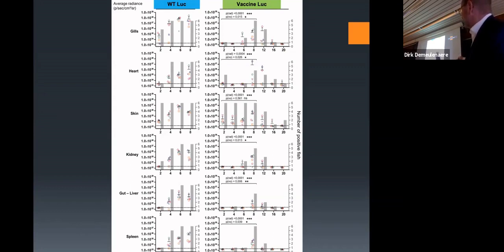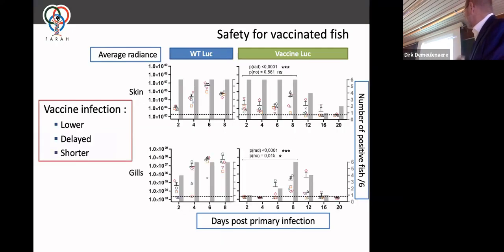So the vaccine strain basically recapitulates the replication cycle of the wild type, but it's doing it in slow motion and at an intensity which is much lower. You see that, for example, the gut and the liver have a transient expression for some animals, but not even all of them. So the deletion that we made in this virus really impaired the replication cycle of the virus.